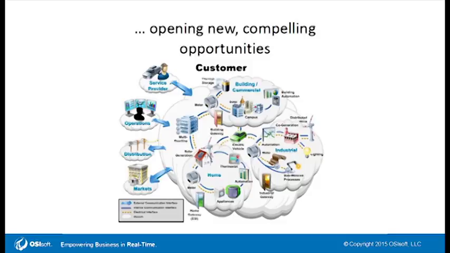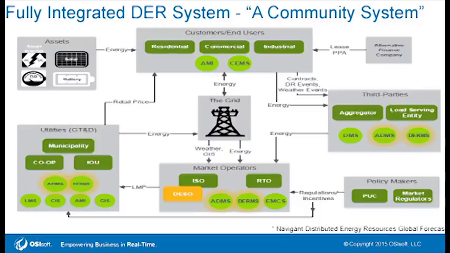So this is a view coming back to that energy, dollars and information standpoint. We see here the new grid. We have distributed assets in the top left, the consumers in the middle, third parties and the utilities left and right. The market operators, the people who are saying we're operating the grid, will worry about the energy and the water and the geographic information system.